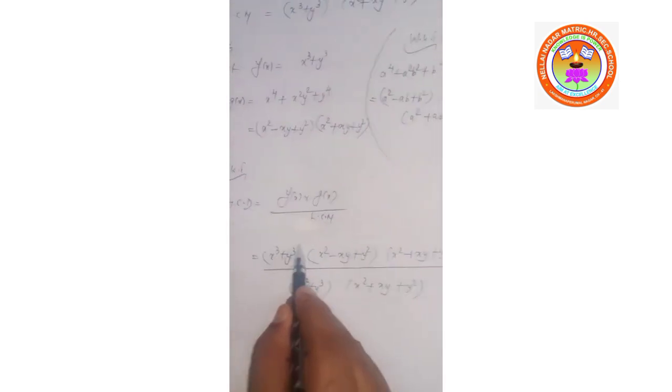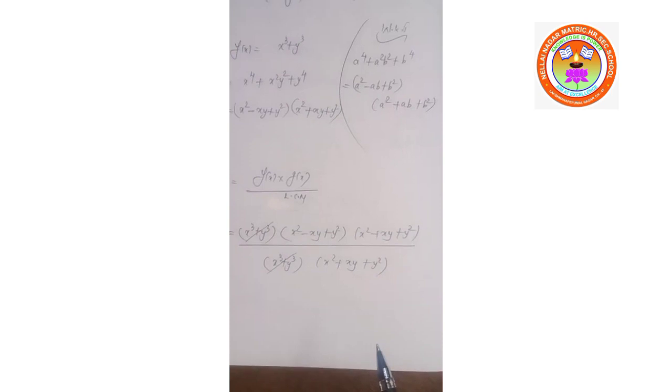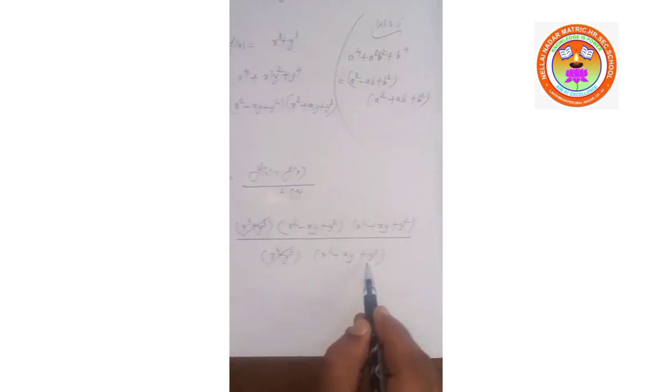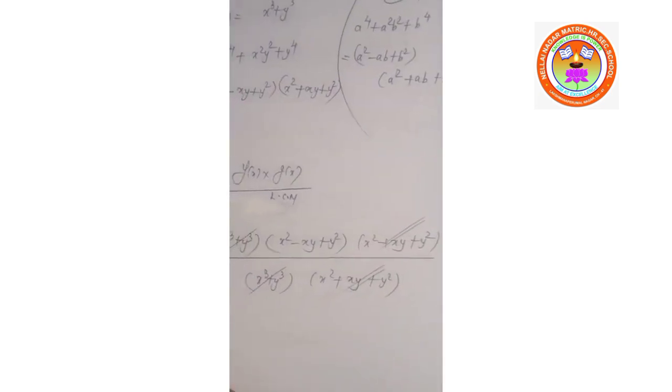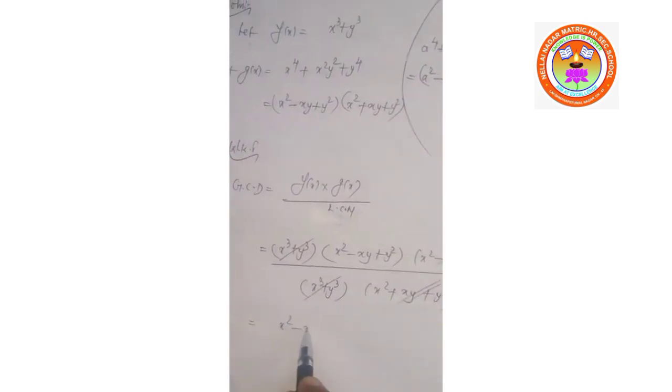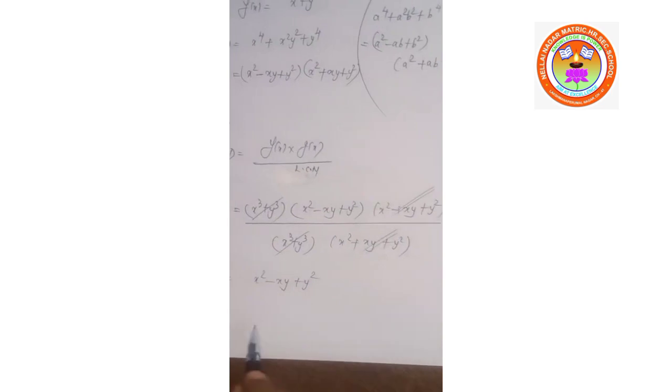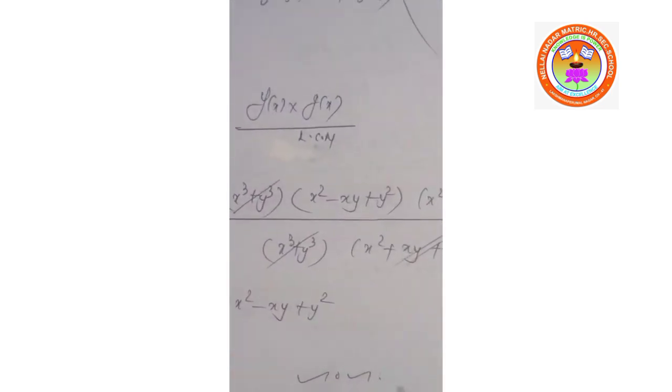So x cube plus y cube get cancelled. x square plus xy plus y square, these two get cancelled. So which one is left out? This x square minus xy plus y square.